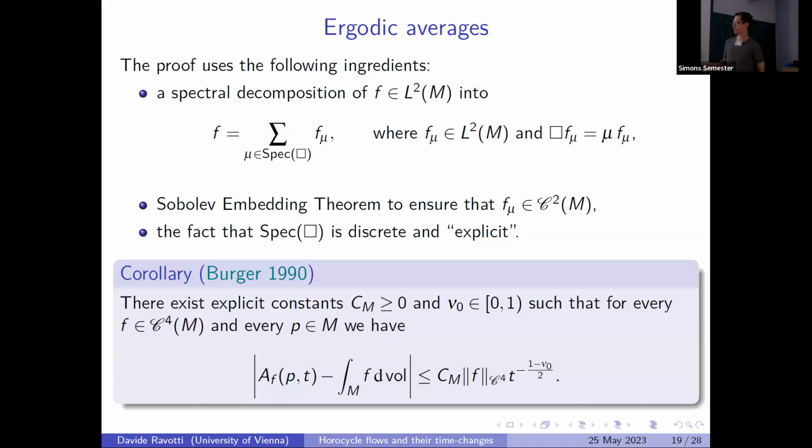So if you're just interested in estimating from above the error you commit on the ergodic averages relative to the expected value, this will be bounded by some constant, depending only on the quotient, times the C4 norm of f, times the negative power of T, where this nu_0 is the nu associated to the smallest positive eigenvalue. Does that make sense? Okay.